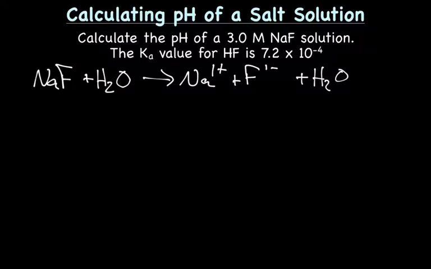Let's see. Sodium could have come from NaOH, which is a strong base, making the sodium a weak conjugate acid, meaning it's just going to stay dissolved.